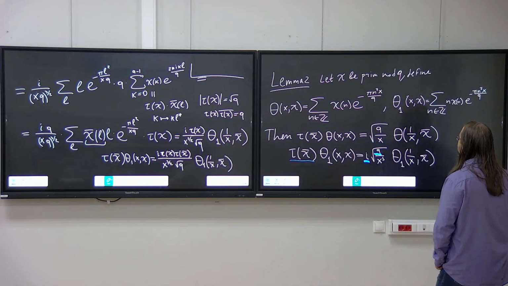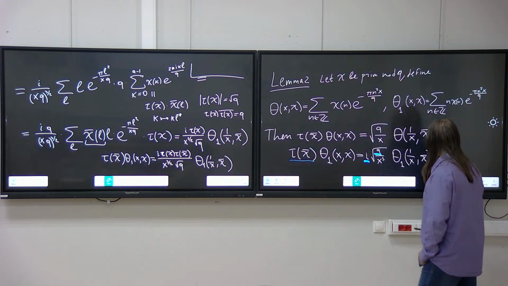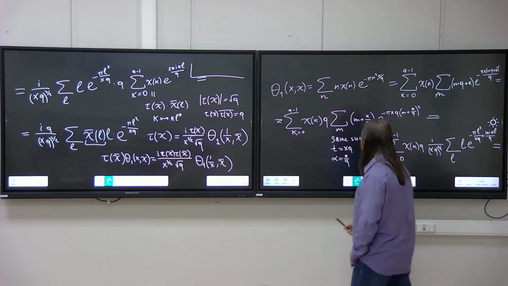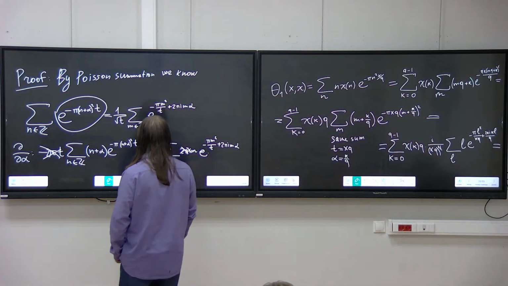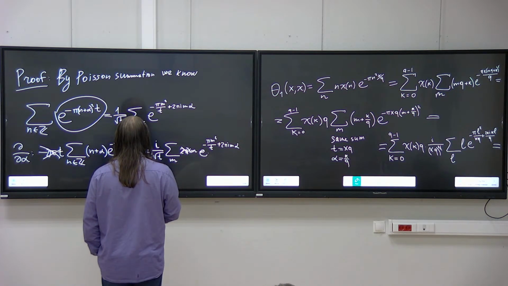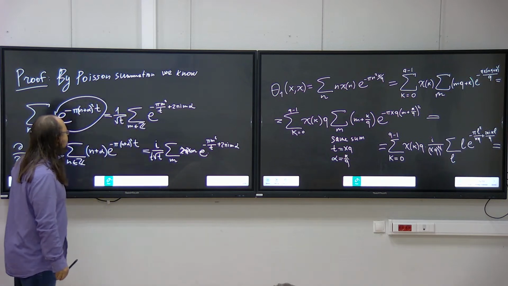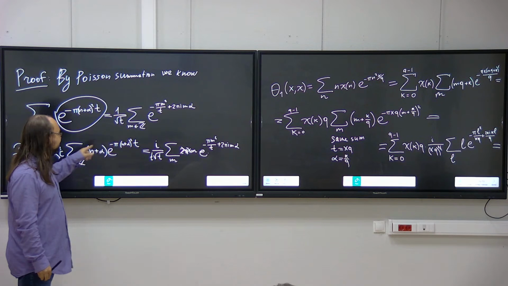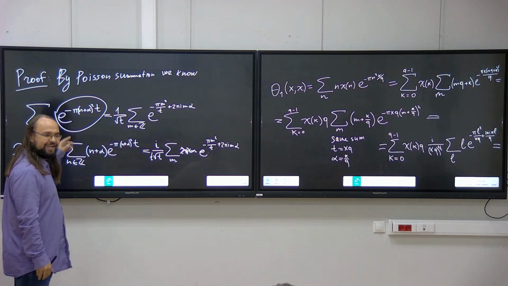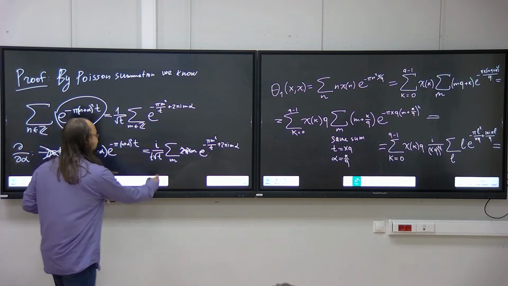I think I lost some signs somewhere. Let me check for lost signs, just in case. So I divided by... of course, that's insane. I divided i by minus 1 and I got i instead of minus i, sorry.